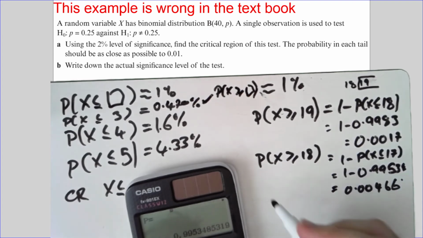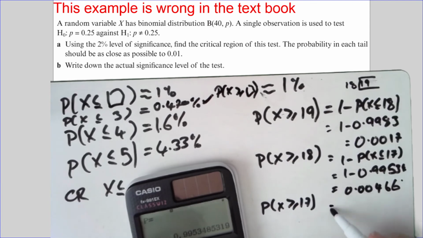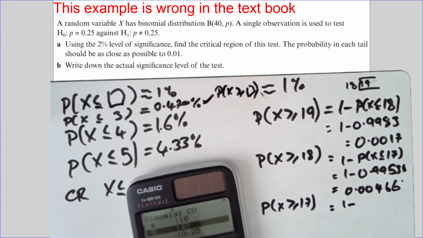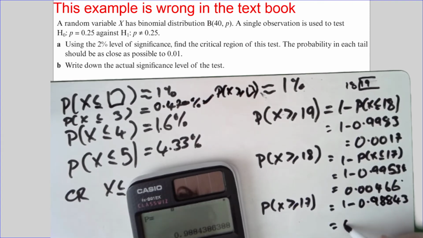We should probably go one further as well, so probability x is greater than or equal to 17, just so that we get two things either side. So this is 1 minus, and we're going to do 16 for this one. 0.98843. So we get 0.01157.